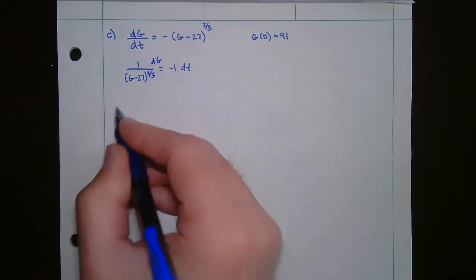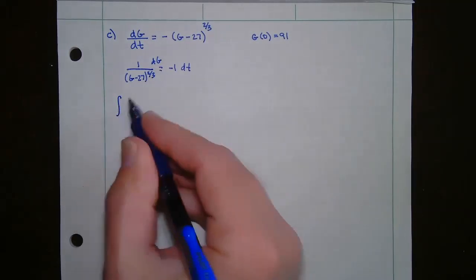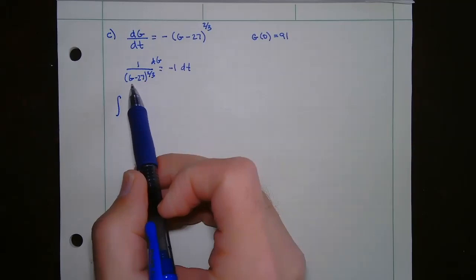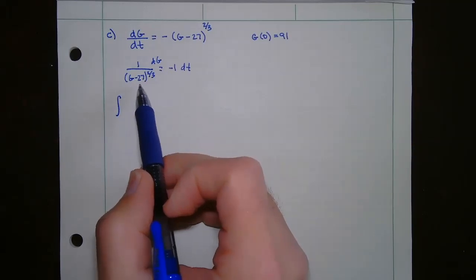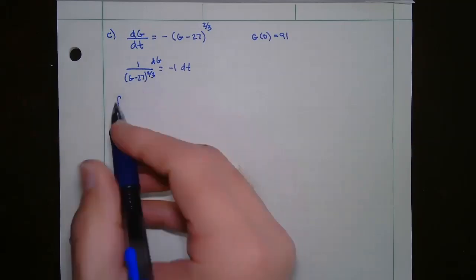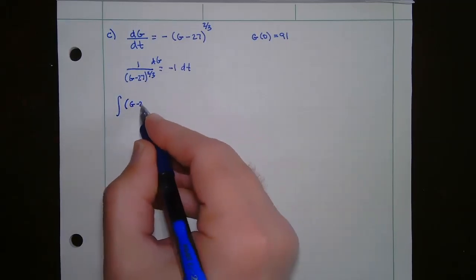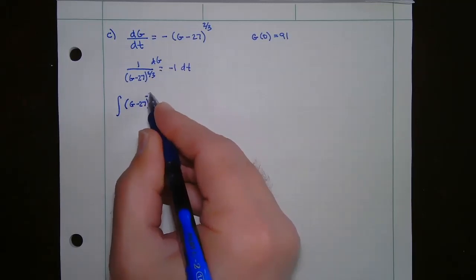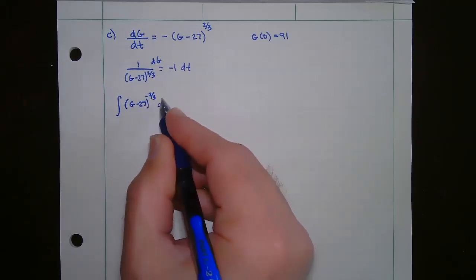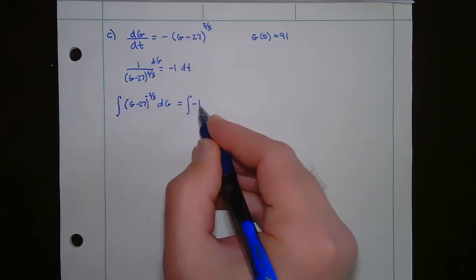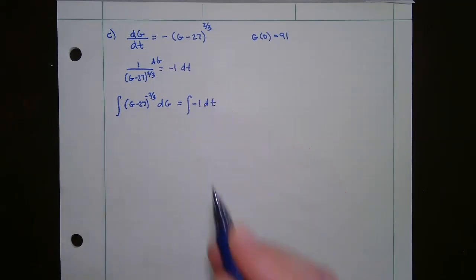So then we're going to integrate both sides, okay? And then this one I'm going to rewrite as g minus 27 to the -2/3, and then dg is equal to the integral of -1 dt.